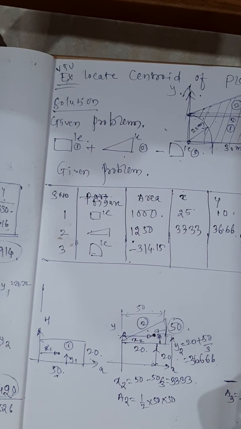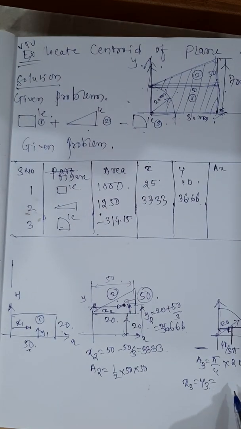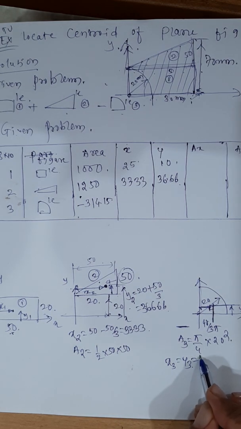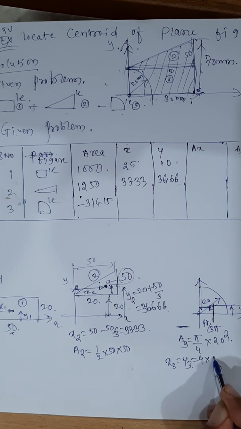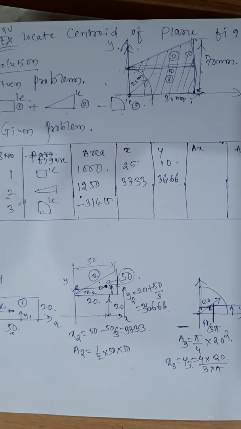What is that 4r by 3 pi? 4 into r. x3 in this case equal to y3 is equal to 4r by 3 pi. 4 into r is equal to 20 divided by 3 into pi.